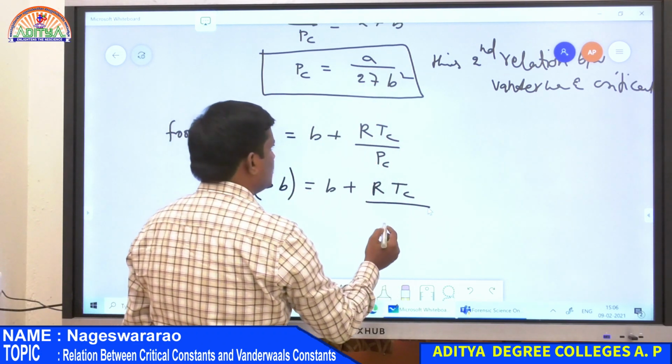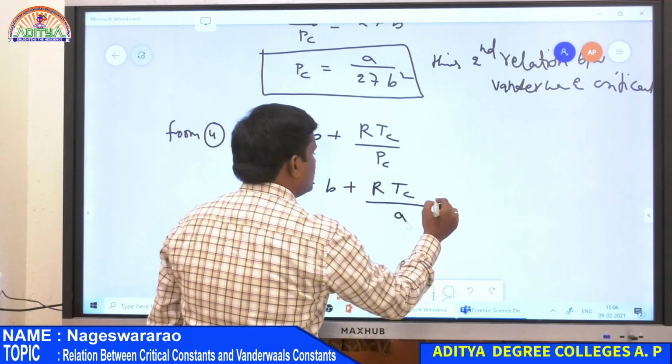What is the value of Pc? This is A by 27B square.